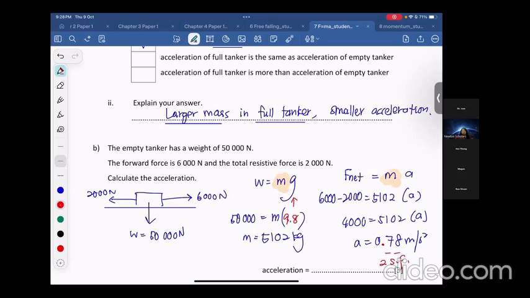If you didn't draw out the picture, the diagram, at the end you were confused. They got three forces here. What should I add and which part should I minus? Then you're confused and make the weight become part of your force. But no, the weight is pointing downward, it is not affecting our horizontal motion. The horizontal motion is affected by the 6,000 and the 2,000.